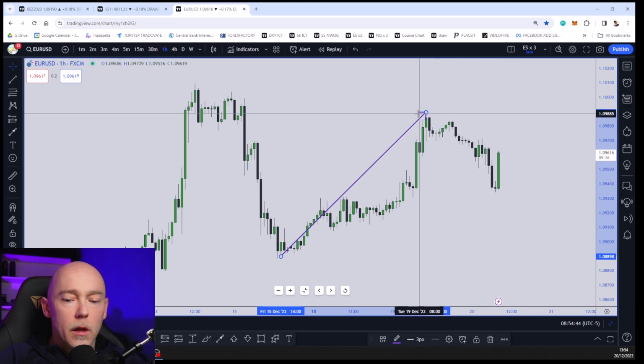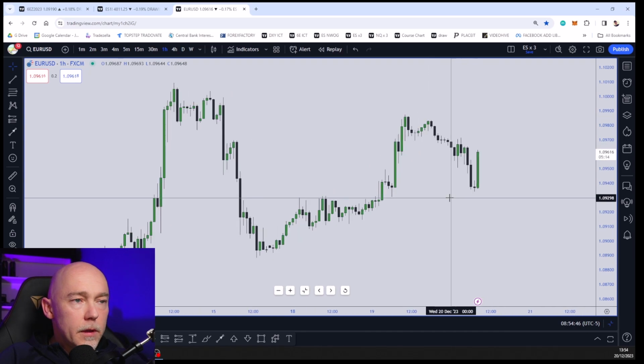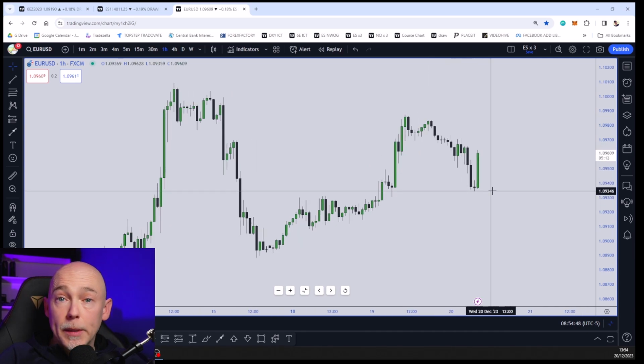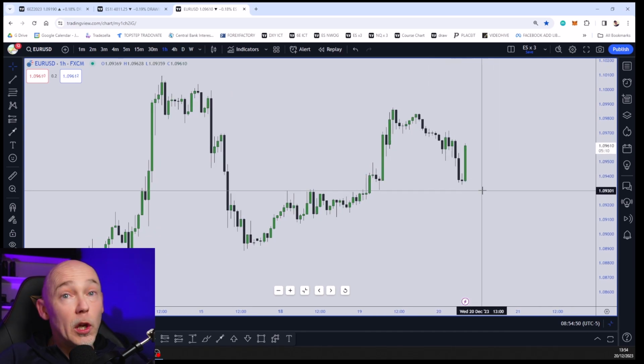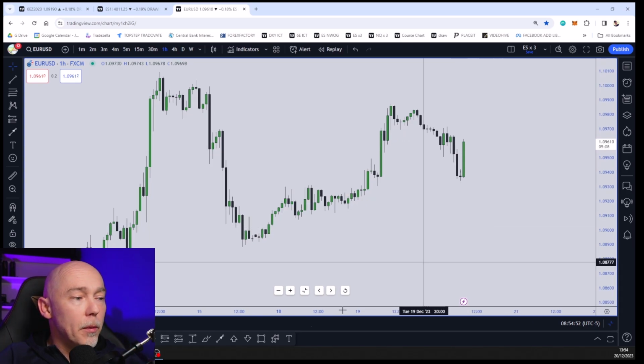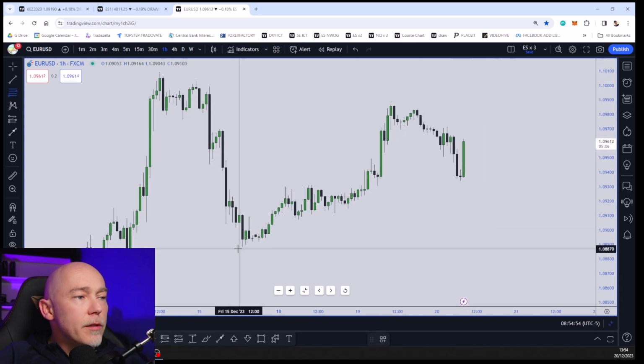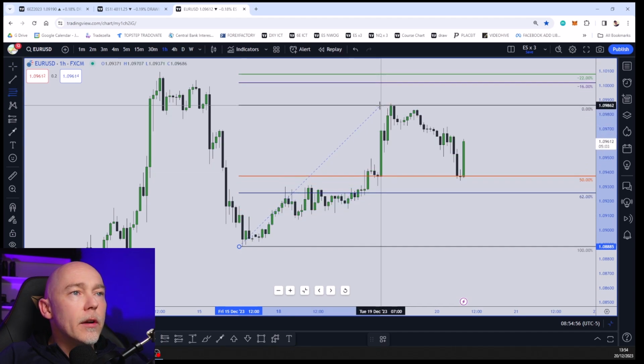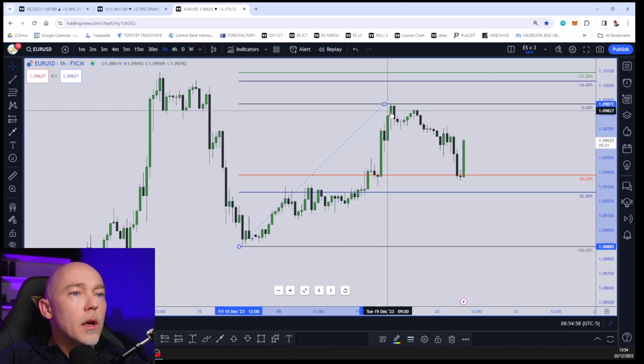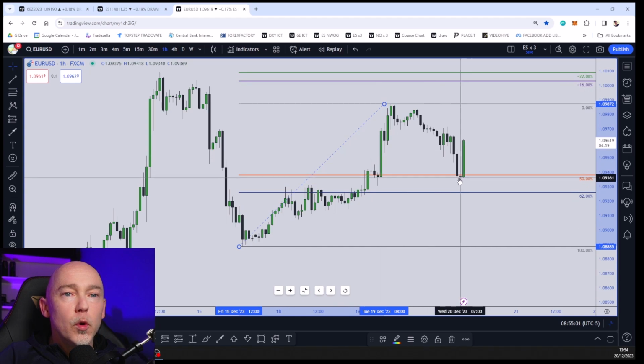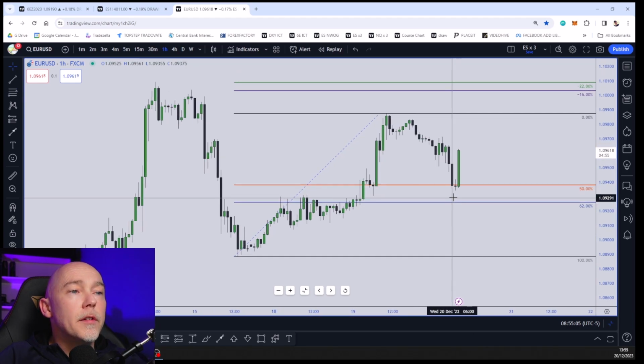The setup that I trade here is a setup I teach in my market mastery program. I go into a lot more depth than I do here, but I'm looking at a Fibonacci pull from an absolute low down here to this high. We've had a nice little move down into the 50% level.